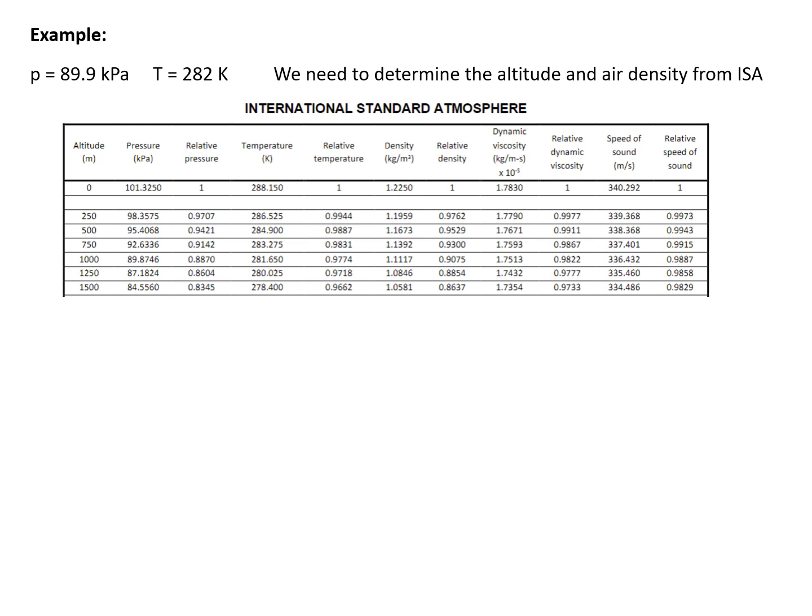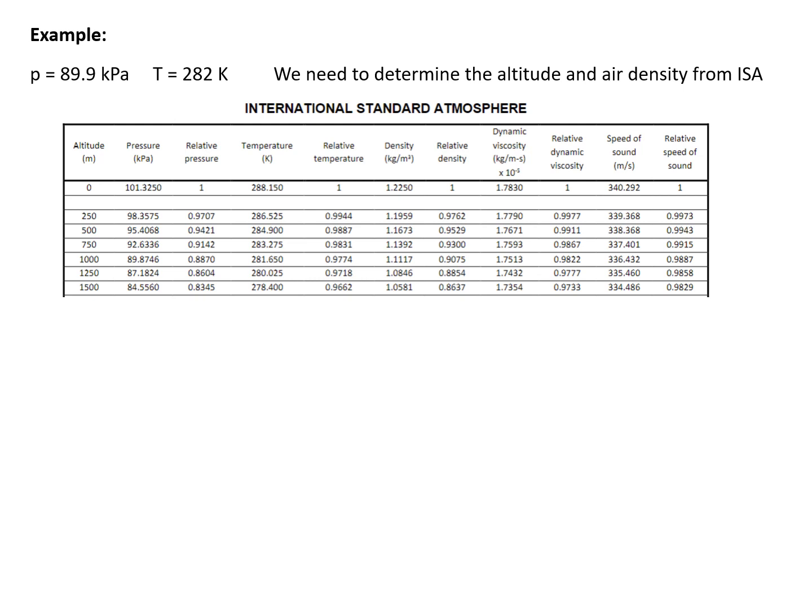Okay, now let's see how we can solve this problem. We know the pressure at the altitude is 89.9 kilopascal and the temperature is 282 Kelvin. So we need to first determine the altitude and the air density from the International Standard Atmosphere.